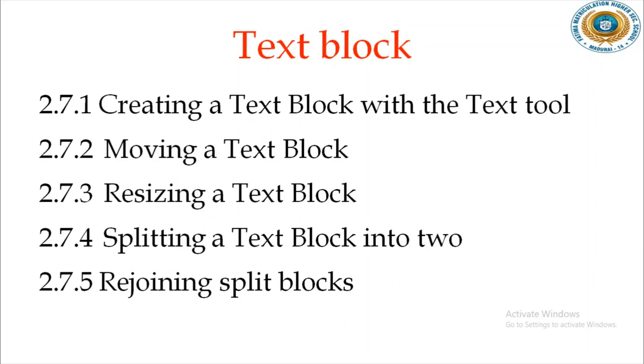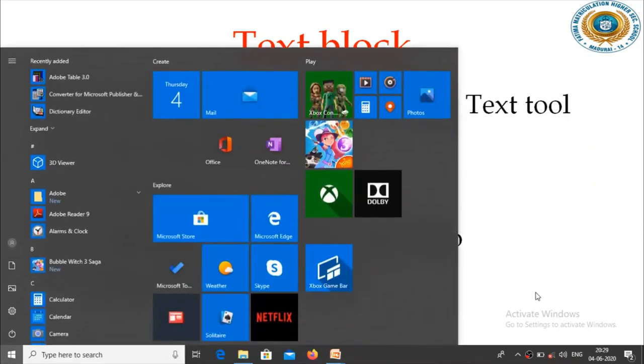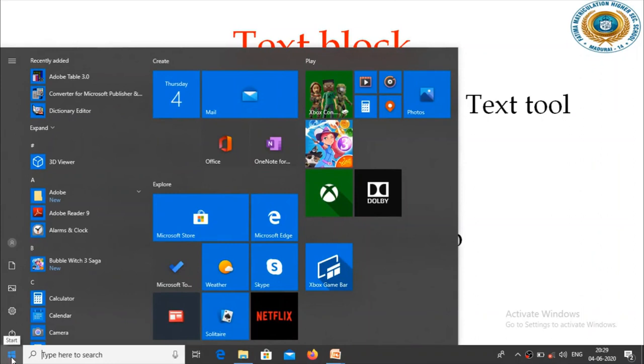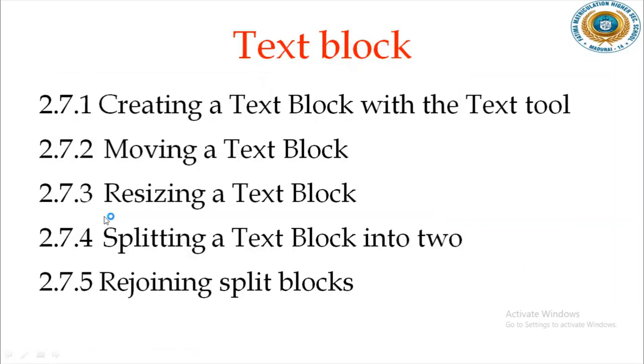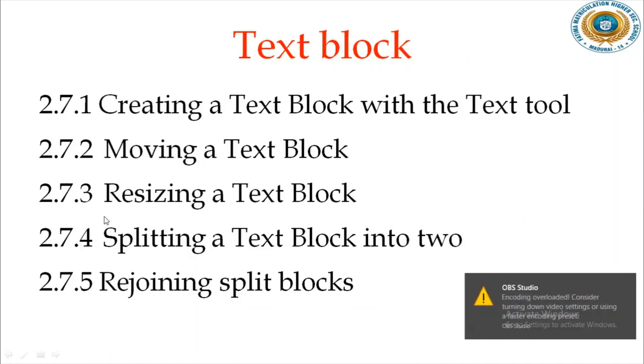For that we have to open the Adobe PageMaker window. I just click the start button, all programs, Adobe PageMaker 7.0. If you click it, you will get the Adobe PageMaker window.